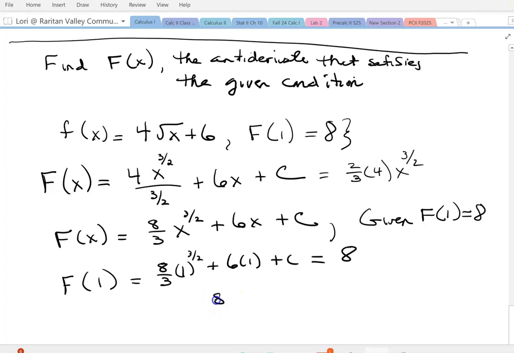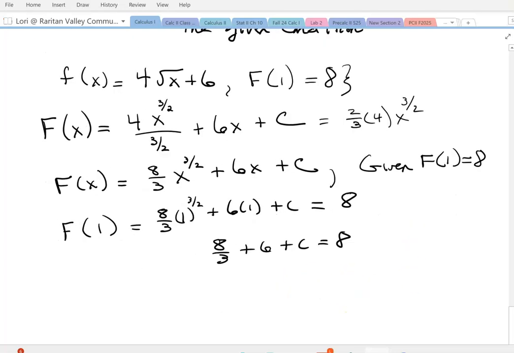So what do we get? We get 8/3 plus 6 plus c equals 8. What this will allow us to do is actually to solve for c and come up with the one function from that family that satisfies this equation. We got to do a little bit of work here. c equals 8 minus 6, that's 2, minus 8/3.